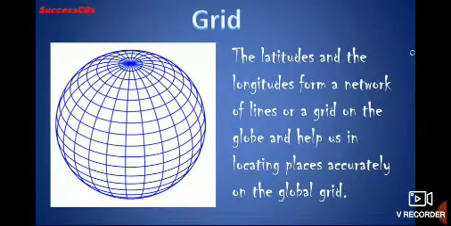The latitudes and the longitudes form a network of lines or a grid on the globe and help us in locating places accurately on the global grid.